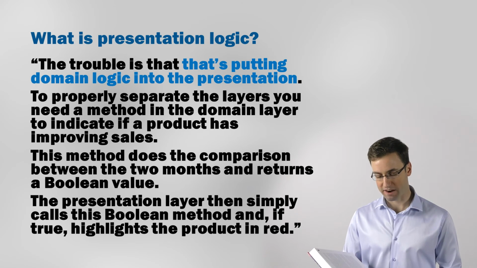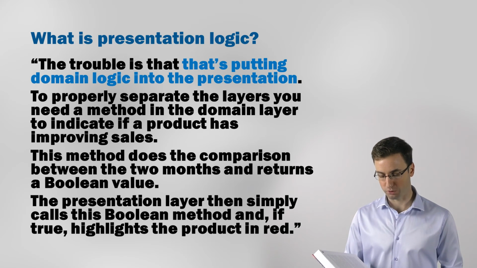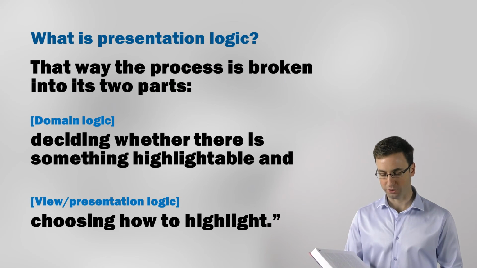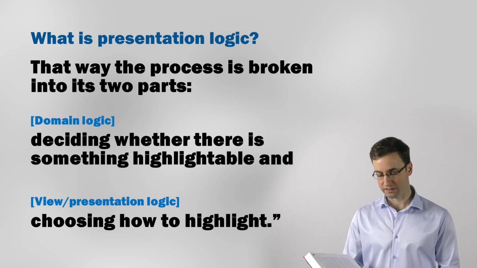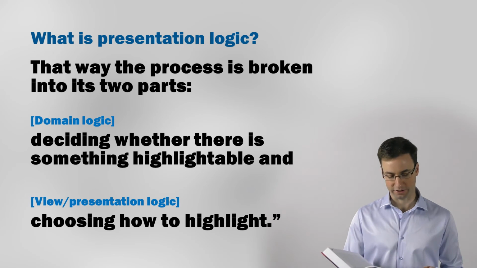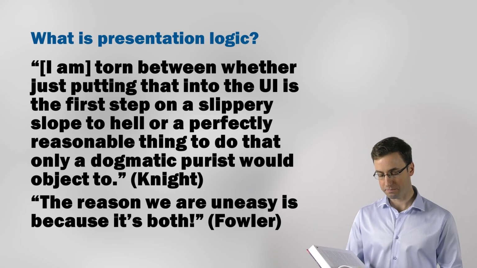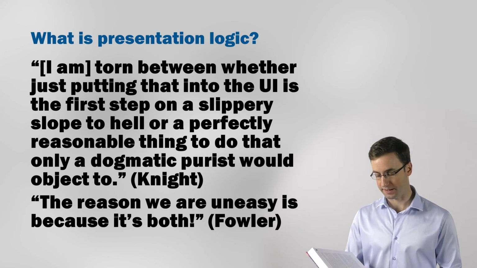This method does a comparison between the 2 months and returns a Boolean value. The presentation layer then simply calls this Boolean method and, if true, highlights the product in red. That way the process is broken into its 2 parts, deciding whether there is something highlightable and choosing how to highlight. He goes on, I'm uneasy being overly dogmatic about this.